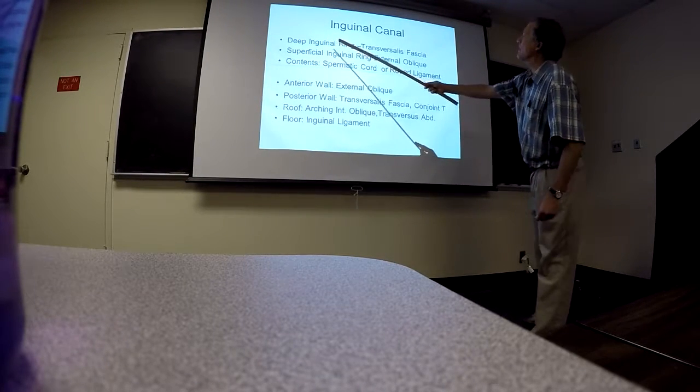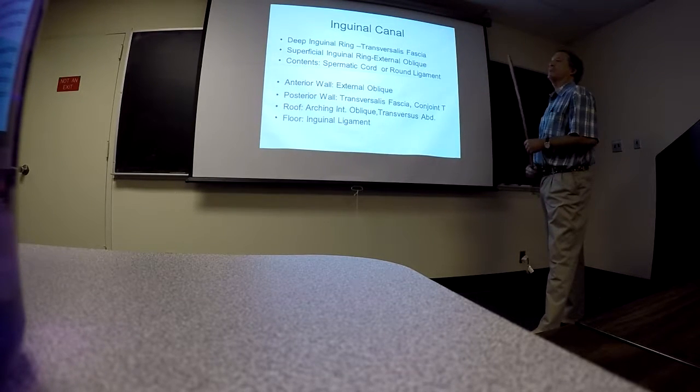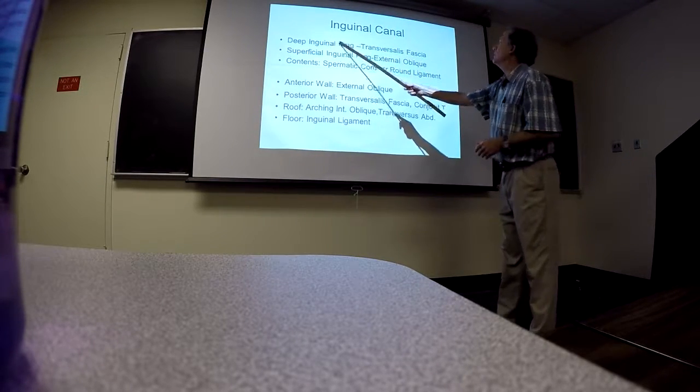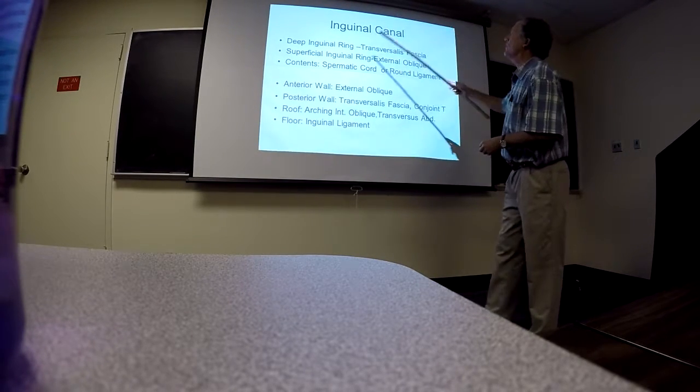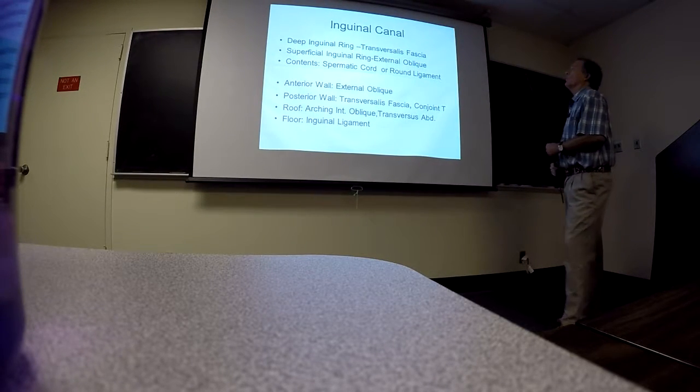So the first thing they have to pass through is that deep layer, the transversalis fascia. And the hole that they pass through to get through the transversalis fascia is referred to as the deep inguinal ring. Okay?